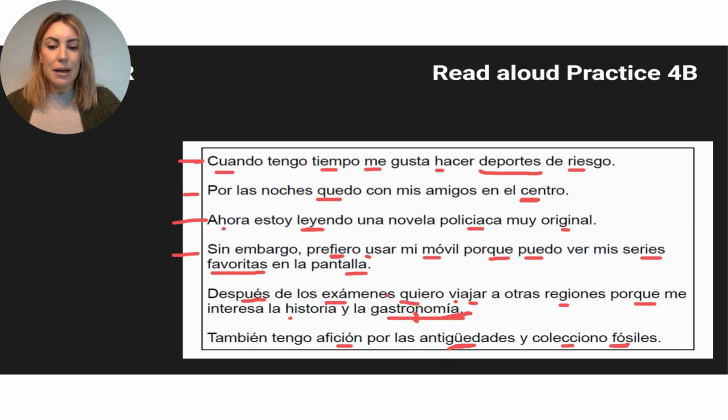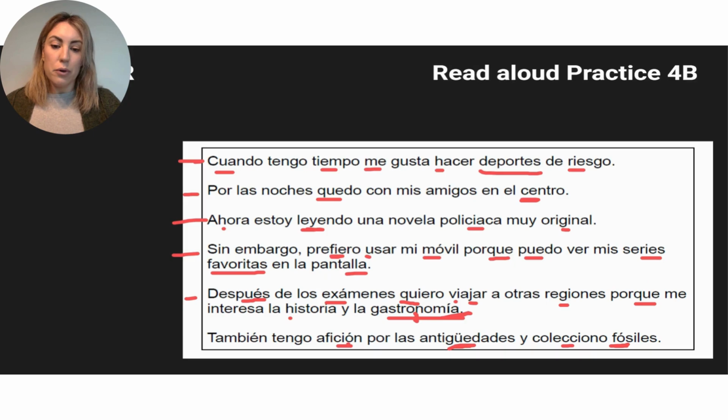Después de los exámenes, quiero viajar a otras regiones porque me interesa la historia y la gastronomía. So after the exams, I want to travel to other regions because I'm interested in history and the gastronomy, so their food. And the last one, también tengo afición por las antigüedades y colecciono fósiles.